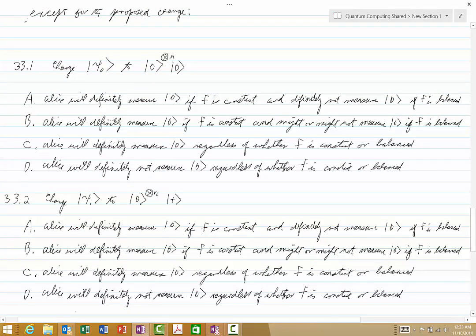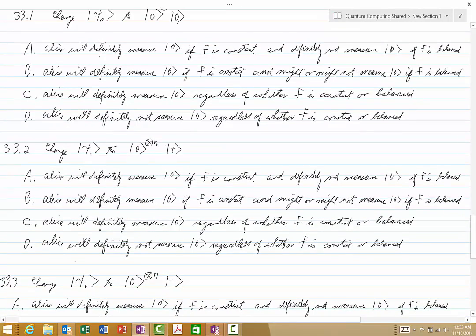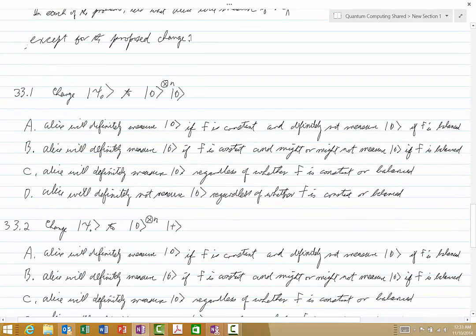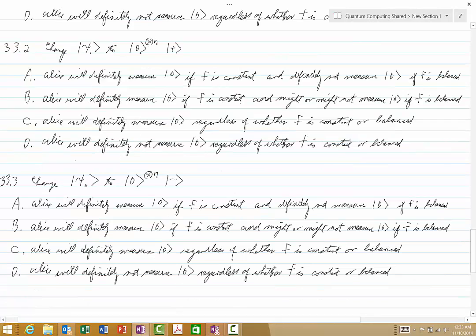So I suggest that you look at these carefully before giving your answer. Those are the three lecture problems, and then we'll have at least one more in class. And that's it, the end of lecture 33, and good luck.